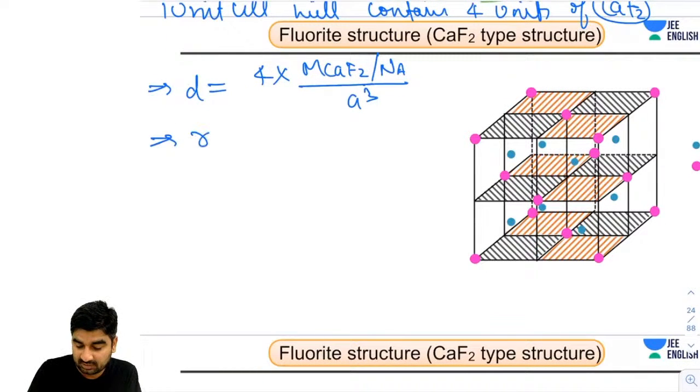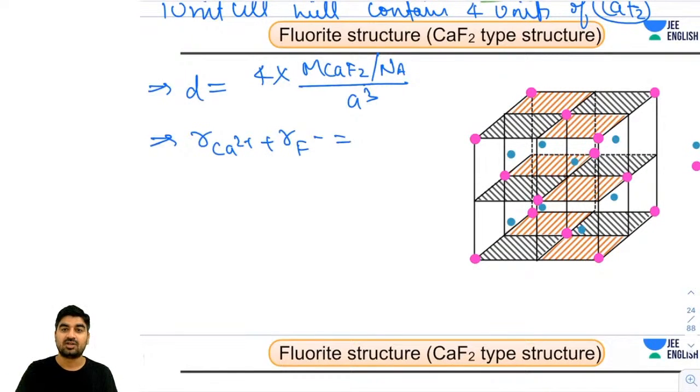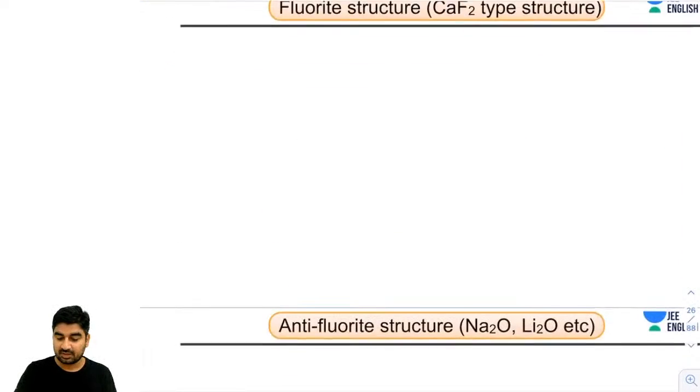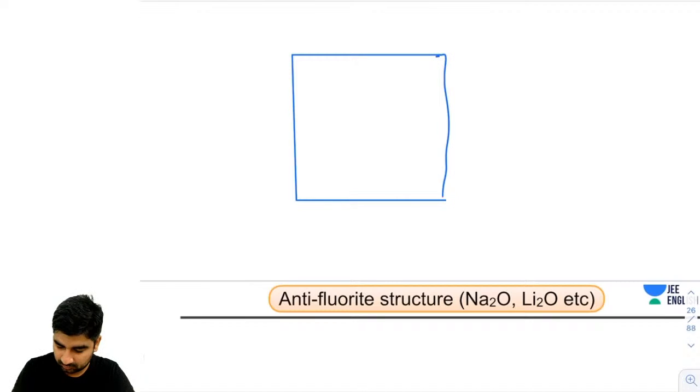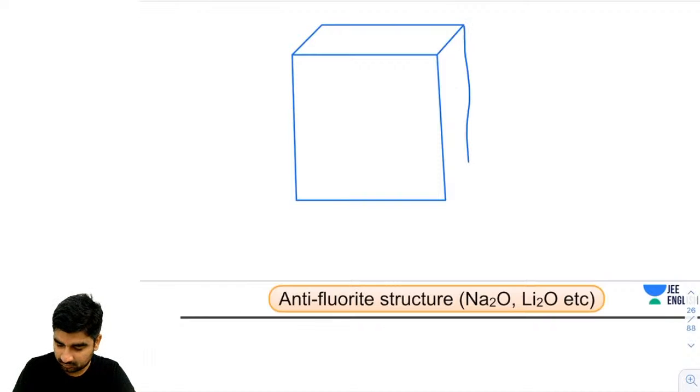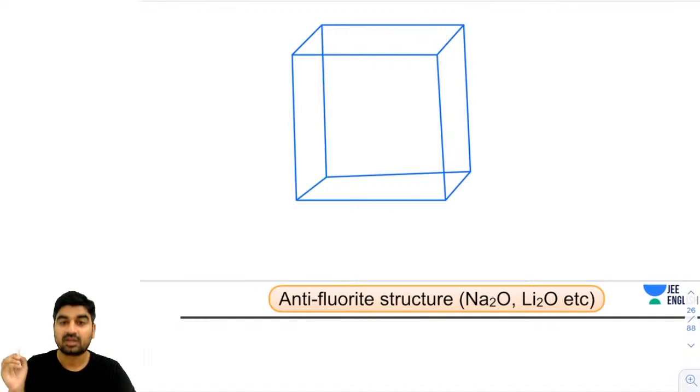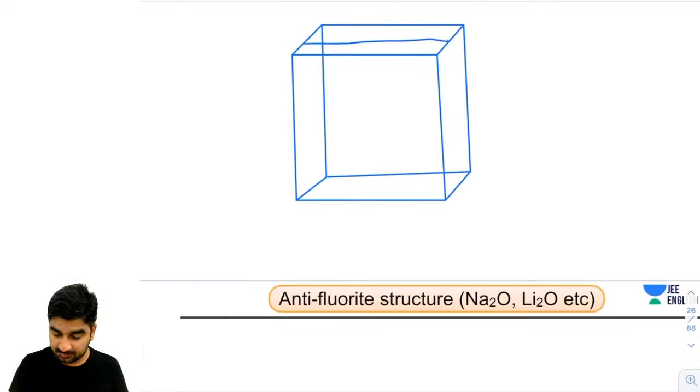And now, guys, what will be the nearest neighbor distance? From this diagram it will not be clear, so now I will make the diagram. Now I will divide it into 8 parts.